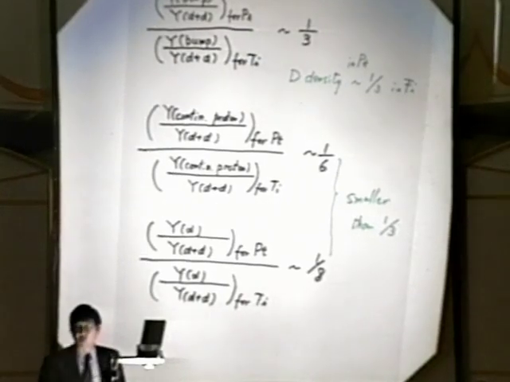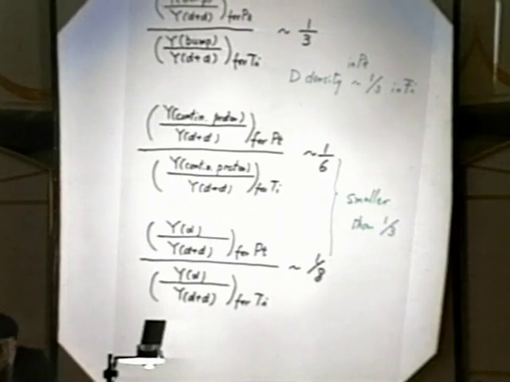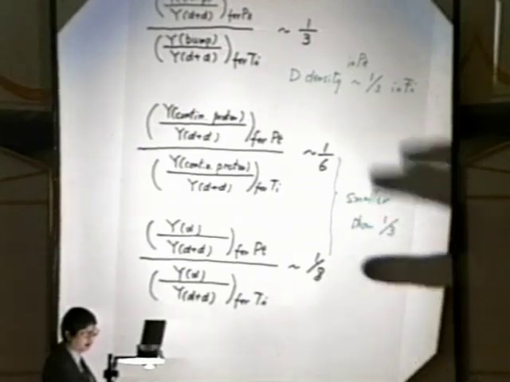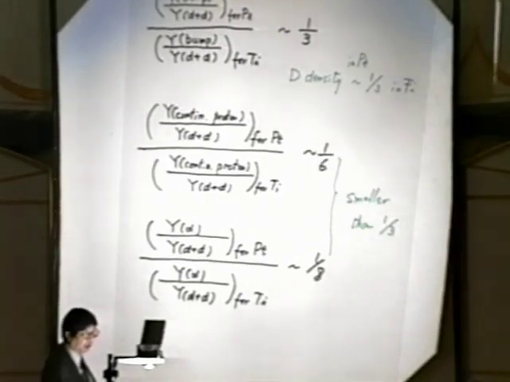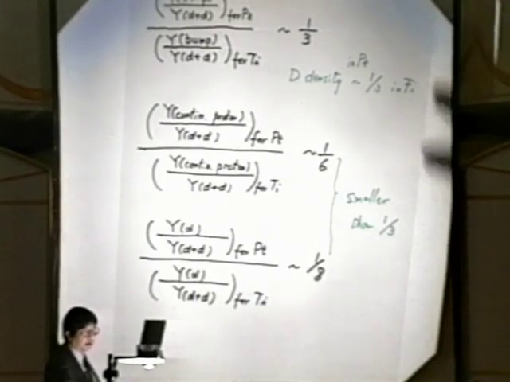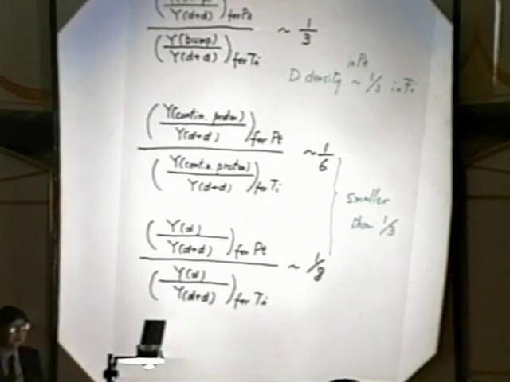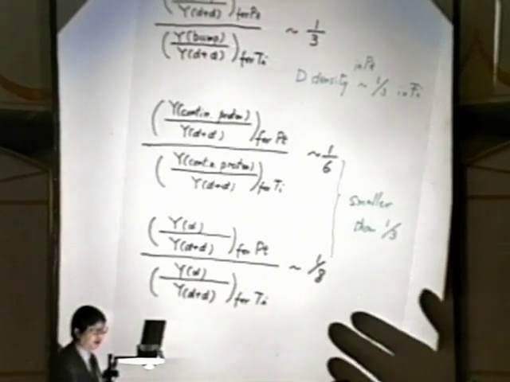This is just 1/6. And for the alpha particles, the number is more or less the same as for the continuum proton case. That is actually smaller than the 1/3 case. So that means this process depends on the neutron density more strongly.